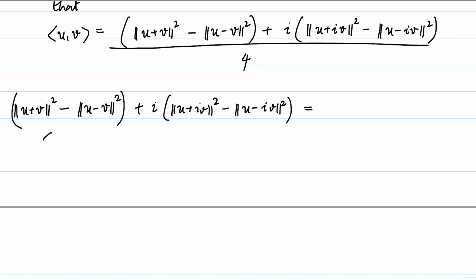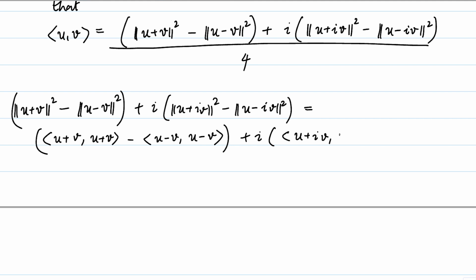So let's see, what is the length of u plus v the whole square? That is the inner product of u plus v with itself. And how about the next term? This is u minus v with itself, plus i times the inner product of u plus iv with itself, minus the inner product of u minus iv with u minus iv.